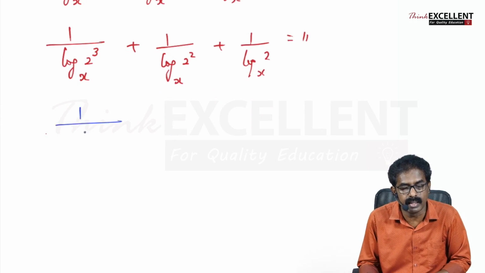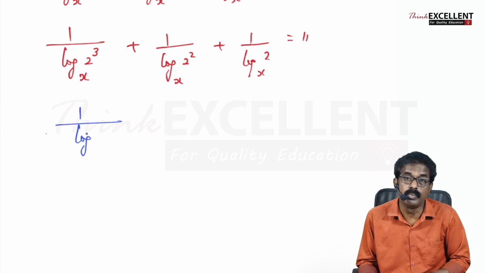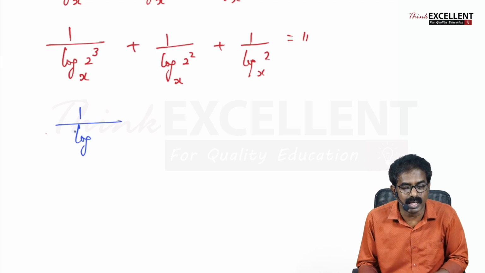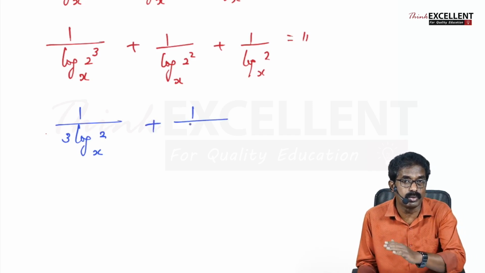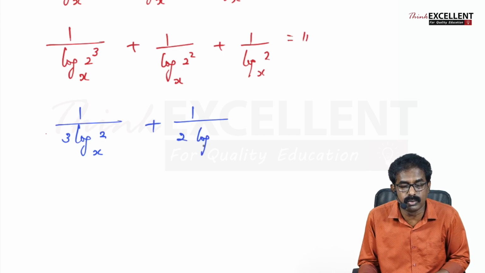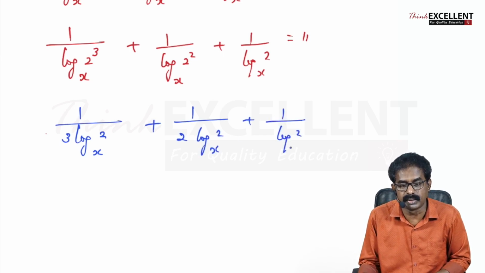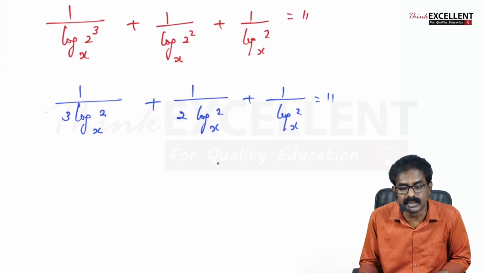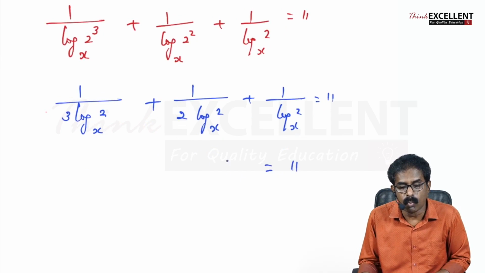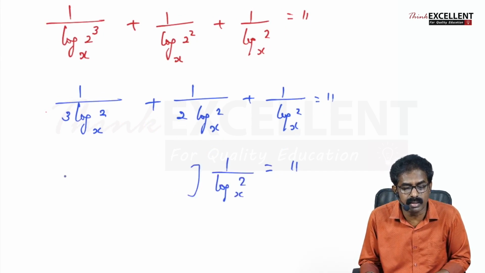So 1 by log 2 cube you can write as 1 by 3 log 2 to the base x, the 3 goes in front, plus 1 by 2 log 2 to the base x, the 2 comes in front, plus 1 by log 2 to the base x is equal to 11.